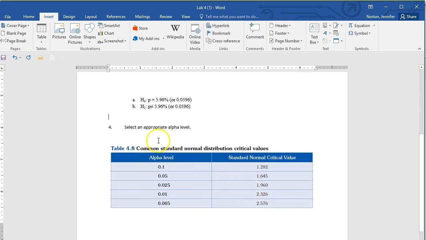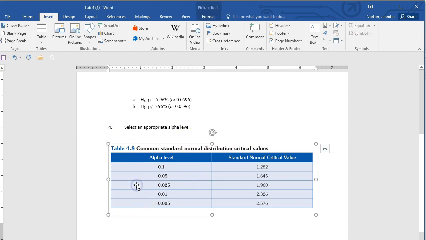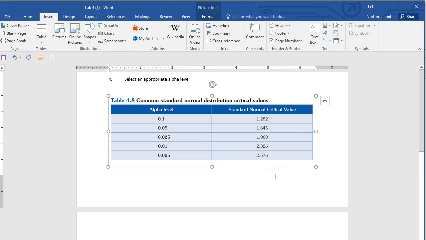So as we select the appropriate alpha level, or what we're making our comparison to, for this class, we are always going to use a two-sided test, so that's going to be 0.025, and so our critical value is going to be 1.960. And I will explain to you here in a little bit how we use that in making our determination.